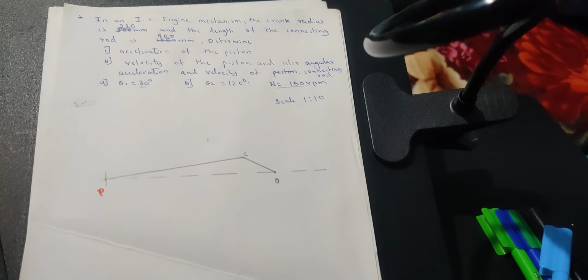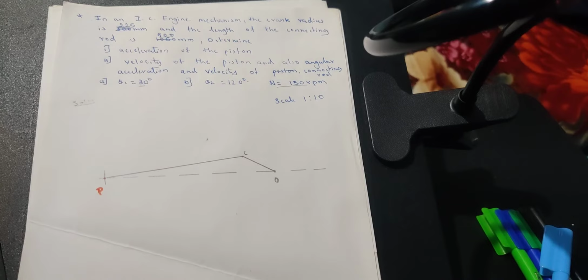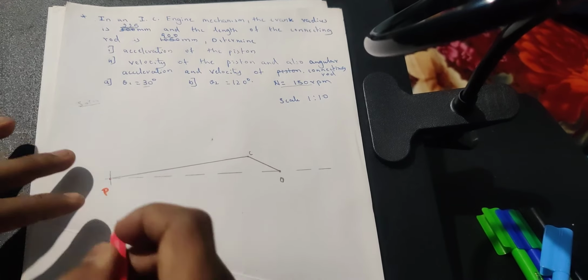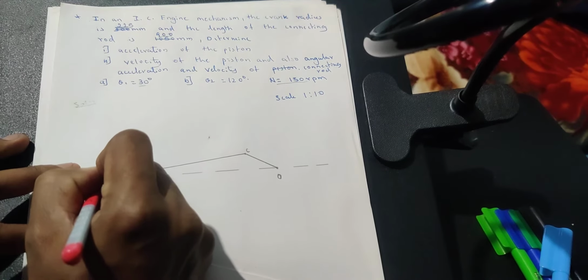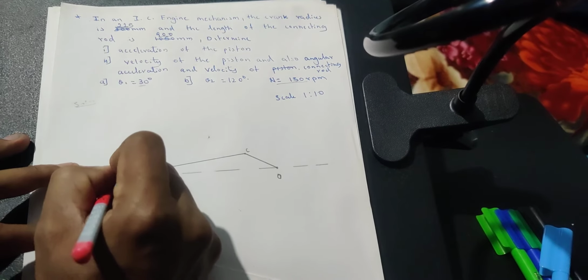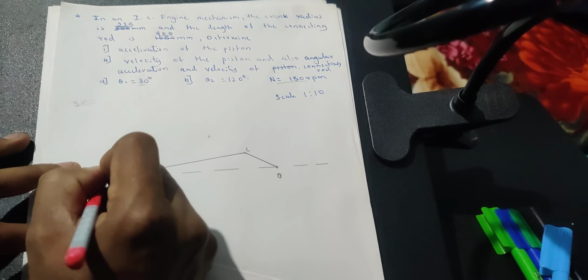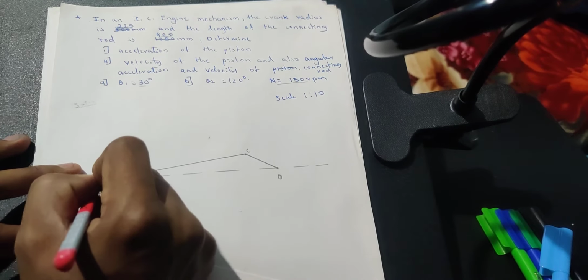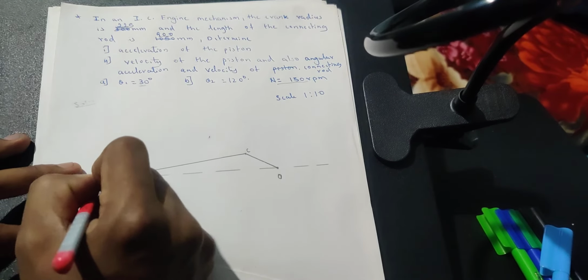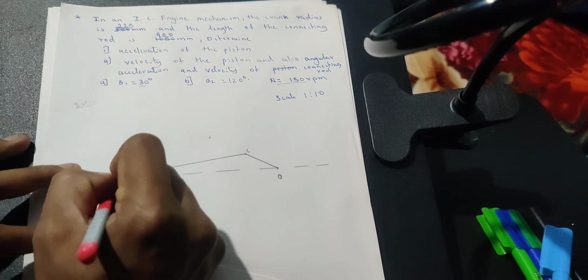Just join the line. So this will be the configuration diagram for a slider crank mechanism. So here the slider comes. Okay, this will be the slider position and this will be the base.